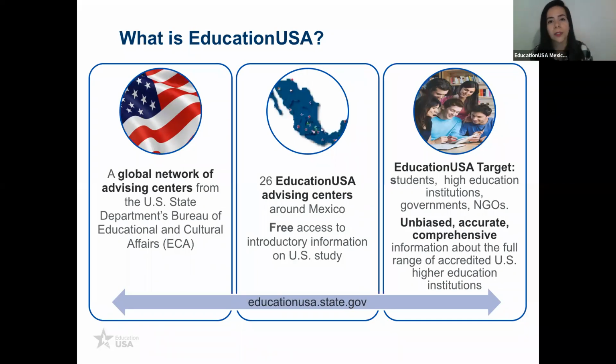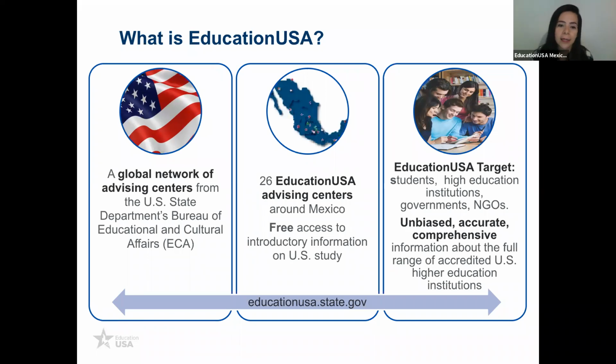We are a global network of advising centers from the U.S. State Department. We provide accurate and comprehensive information about the full range of opportunities that you have to study at U.S. higher education institutions. All of our services are free.